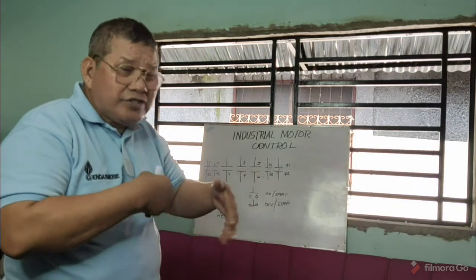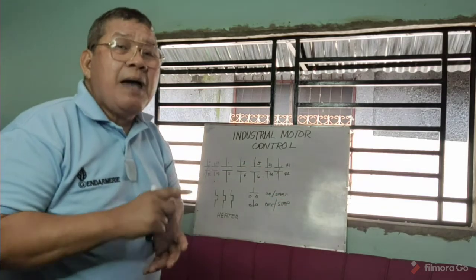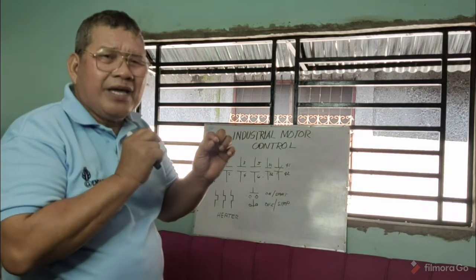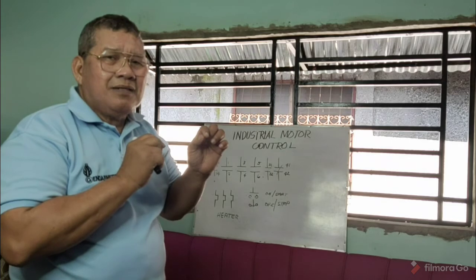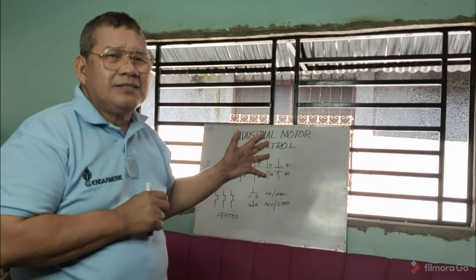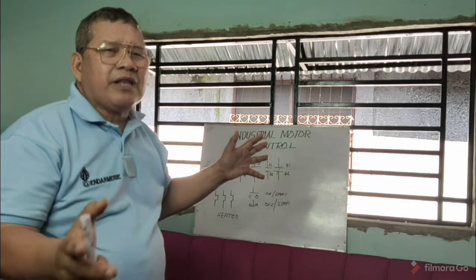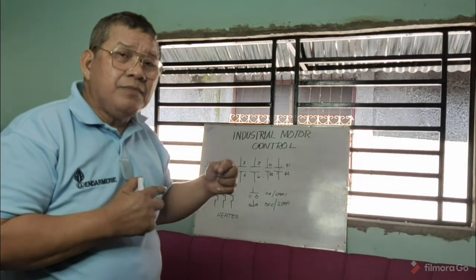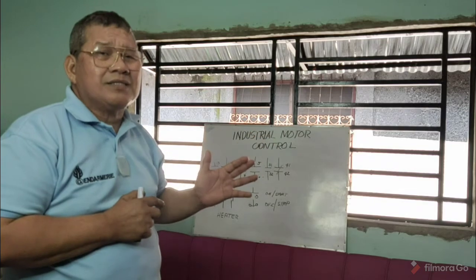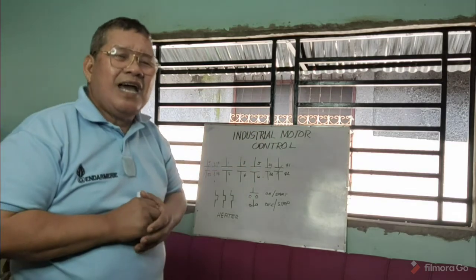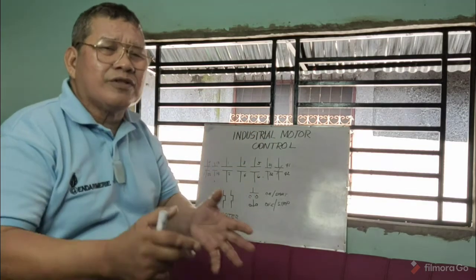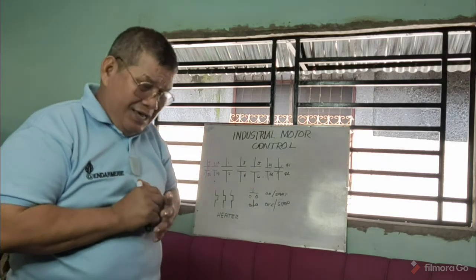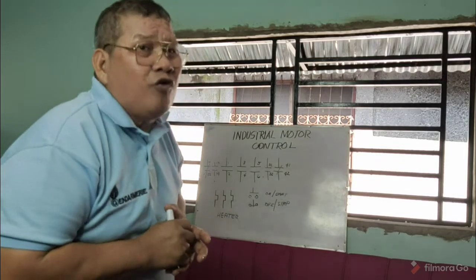So those we consider surplus, but it is still good, or maybe there is a little defect. Now remember, there are 3 main contacts. If you have a 3-phase motor, and one of the main contacts is defective, we can still use the 2 contacts. We just simply bypass the other one. The 3-phase motor is still controlled by using that particular contactor. But to be safe, of course, we will not use that.